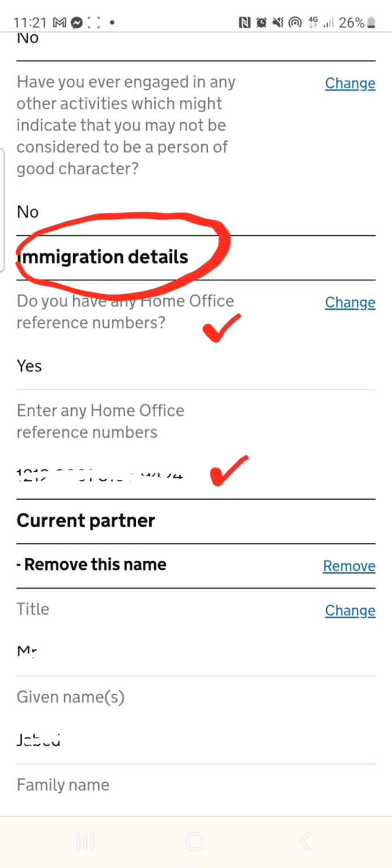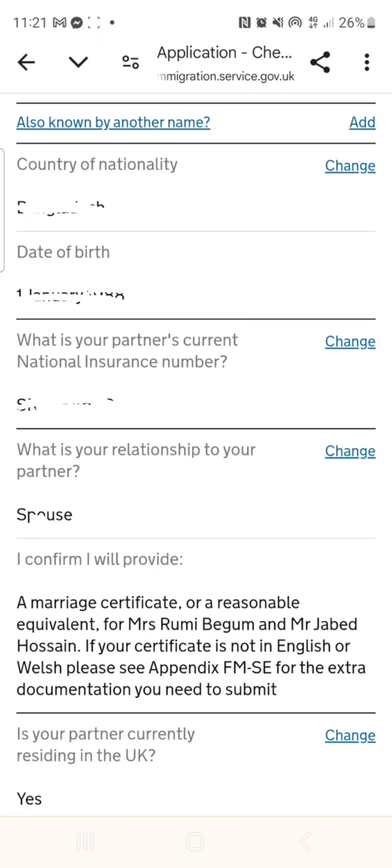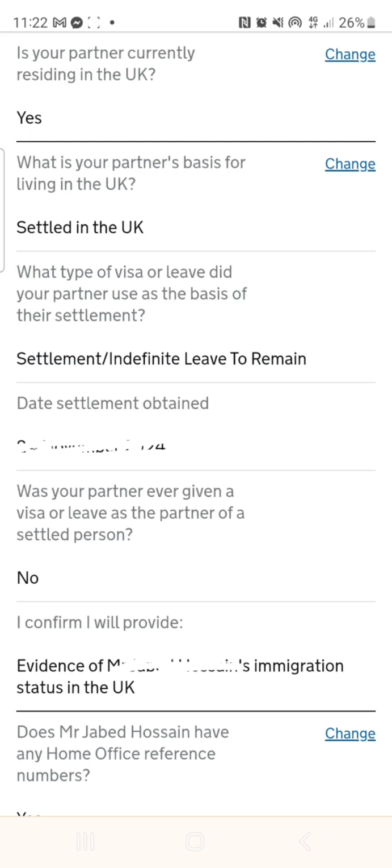Do you have any home office reference number? Yes, I have. When I got my spouse visa, and asking the reference number. And now current partner details. Current partner's country of nationality, date of birth, partner's current national insurance number, your relationship with your partner, spouse, and I confirm I'll provide any evidence.